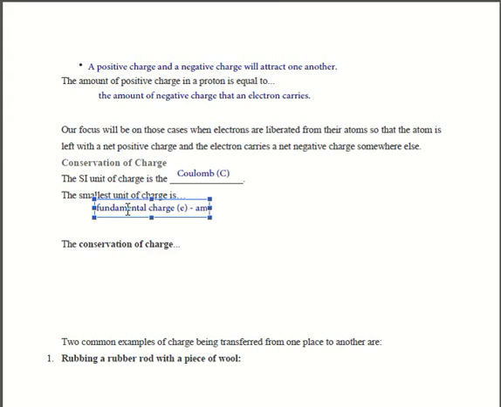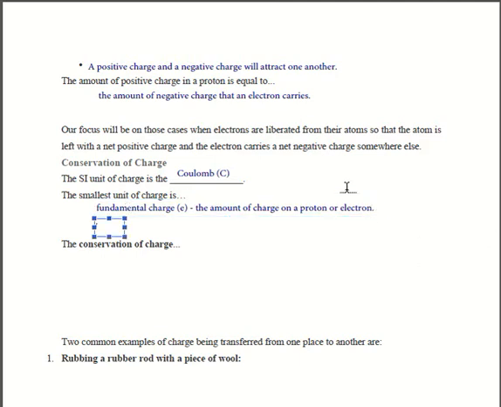The fundamental charge is just the amount of charge on a proton or electron.